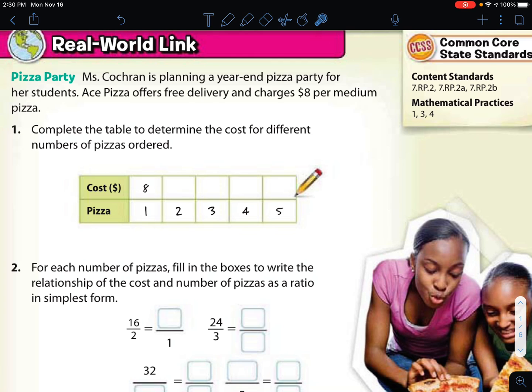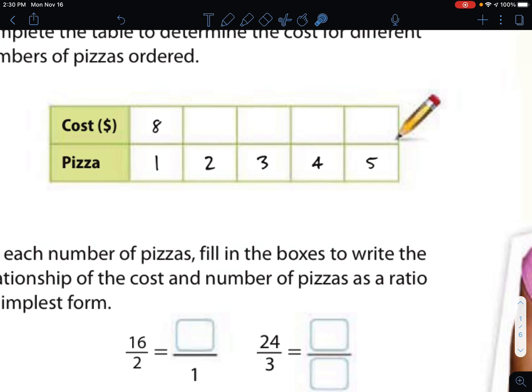So we know for a fact that each pizza is $8. That means the cost for one pizza is $8. Therefore the cost for two pizzas would be $16 if I multiply 2 times 8. The cost for three pizzas would be $24, 3 times 8, or 8 plus 8 plus 8.